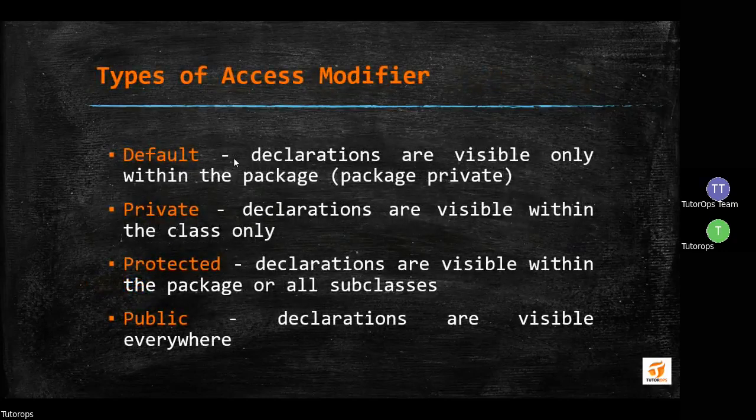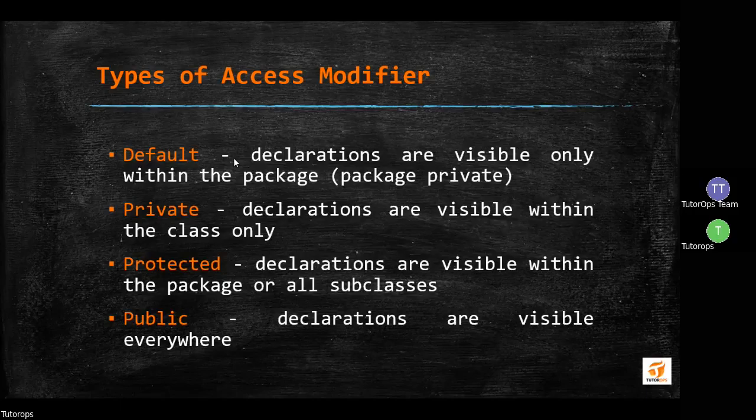Java has 4 types of access modifiers: default, private, protected, and public. Default declares variables only within the package. What is a package? Within that package is called the default. Another is private, which declares variables within the class only.